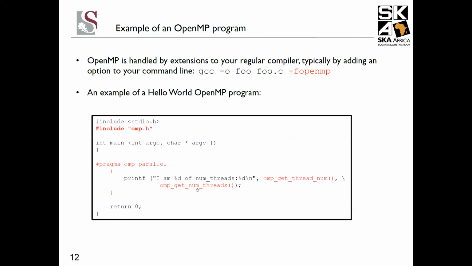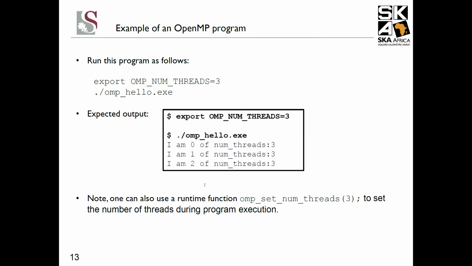And I can also get the total number of threads over here, omp_get_num_threads. So how many threads am I using? And then to get access to all of this, you need to include, like we do with MPI, this header file, include omp.h, which gives us access to these.